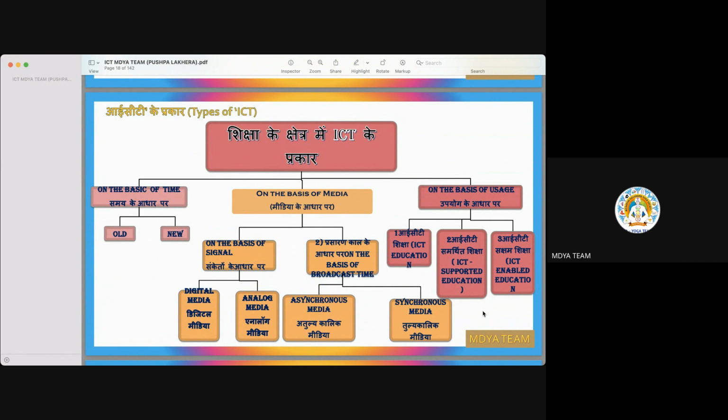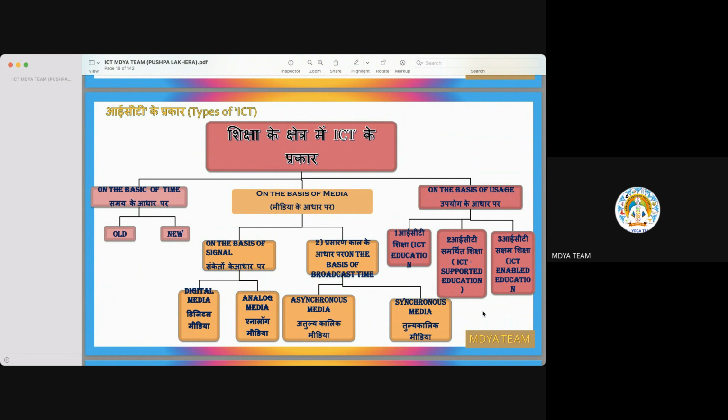On the basis of media, media means how they are communicating with each other. What is the mode? On the basis of signal, how the signal is processing, and on the basis of broadcast time. Are they synchronous, or asynchronous, happening at some time and broadcasting at some other time? That is asynchronous.